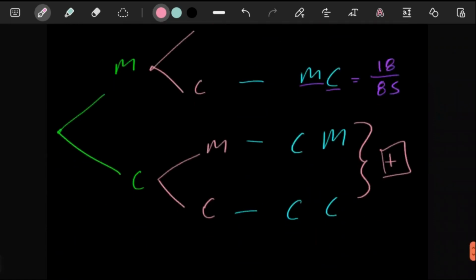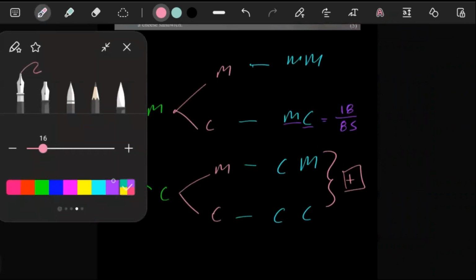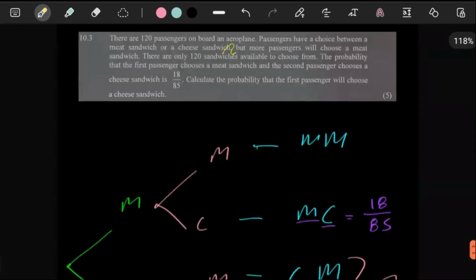Since this is the last question in the paper, it's okay that it's not so straightforward, but it seems to be making some sense the more we look at it. With these kinds of questions, the one thing I always do is read the question as many times as you feel you need to, because it really helps.